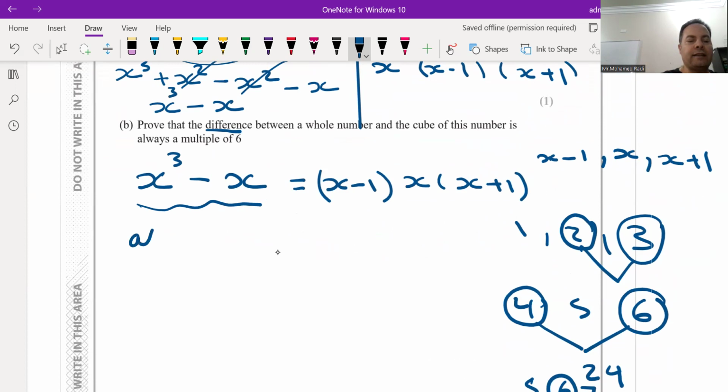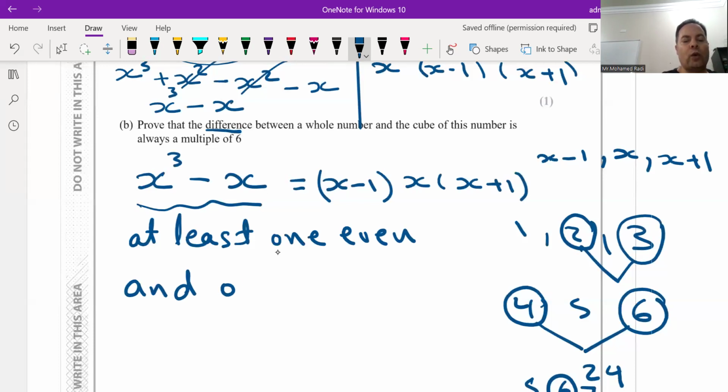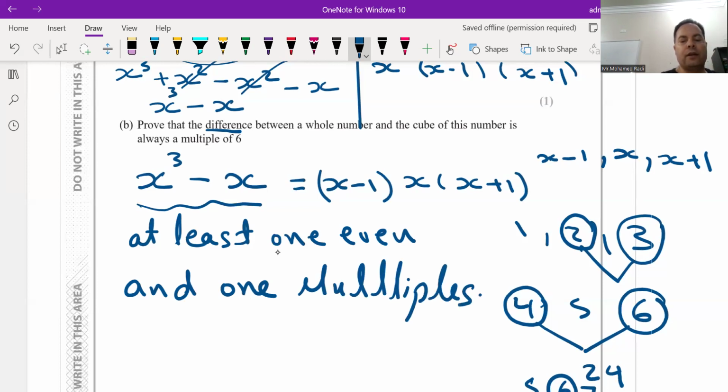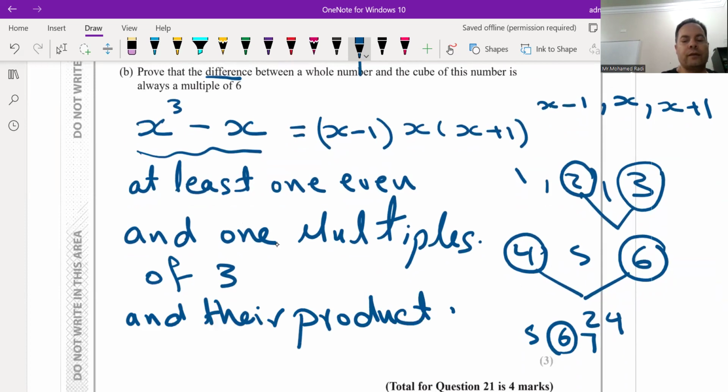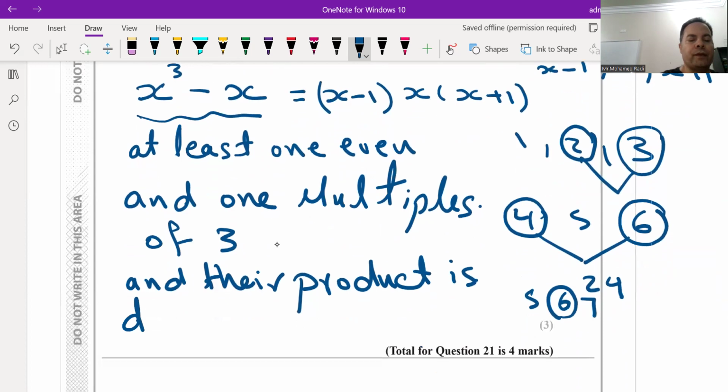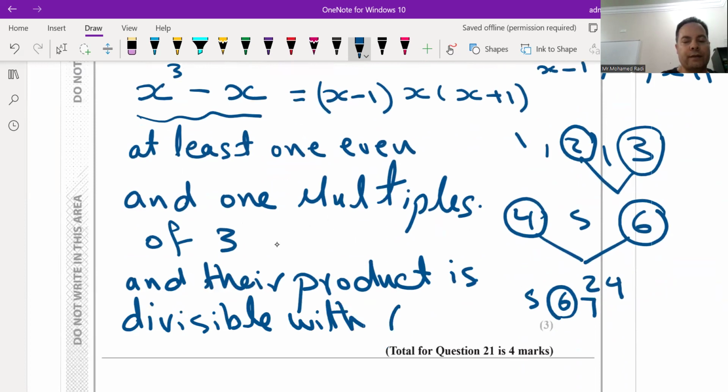So this means at least one even and at least one multiple of 3, and their product is divisible by 6.